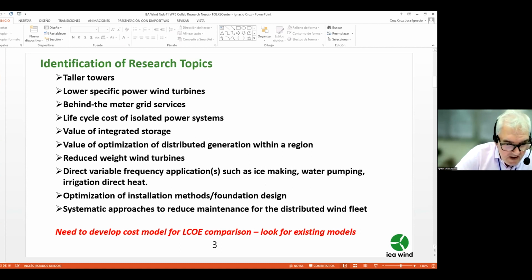So optimization of installation methods and foundation design. This is an important thing. So foundation is competitive solutions for installation, avoiding costly cranes, or foundation designs, standards for different soil conditions, that can make easy or reduce the cost of the installation of the wind turbine are really strongly recommended.